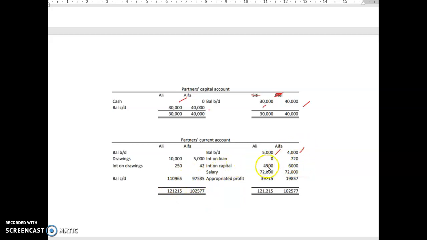Then the interest on loan, only Aifa, and this is the interest on capital. For the salary, if the question doesn't mention anything, we assume that the partners still do not receive the salary. Then this is the appropriated profit. For drawing, 10,000 and 5,000, and this is also the interest on drawing. So this is the balance carried forward, and this is the correct answer.